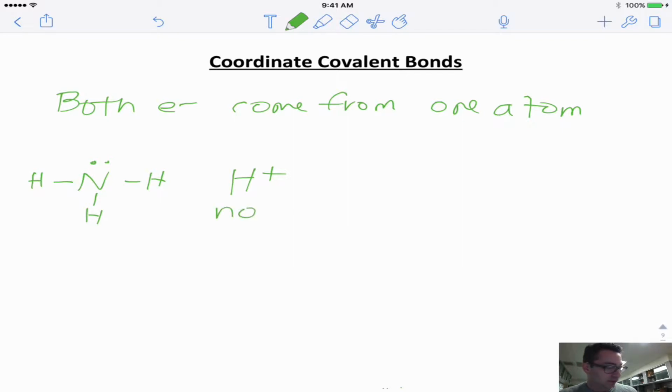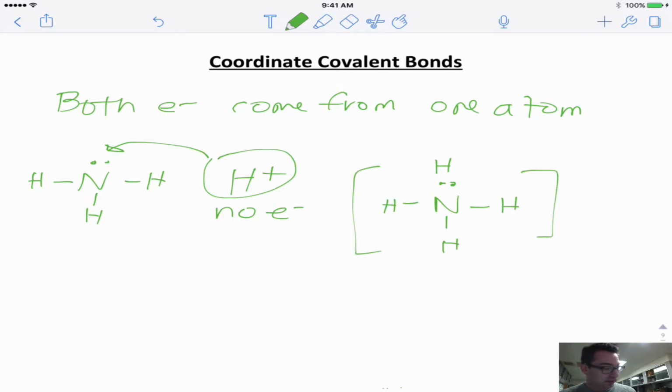So these H+ ions are attracted very highly to the lone pair of electrons on the nitrogen, and you'll form a coordinate covalent bond where both of those electrons came from the nitrogen. This forms what's known as ammonium, which has a +1 charge.